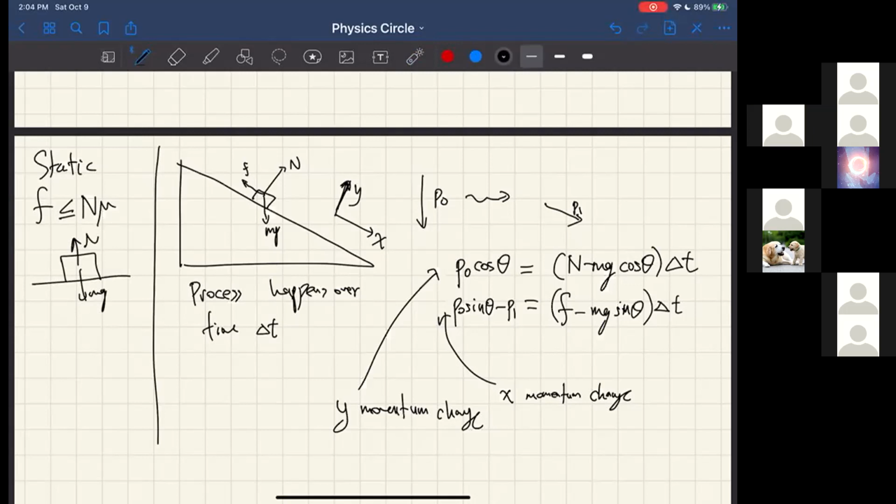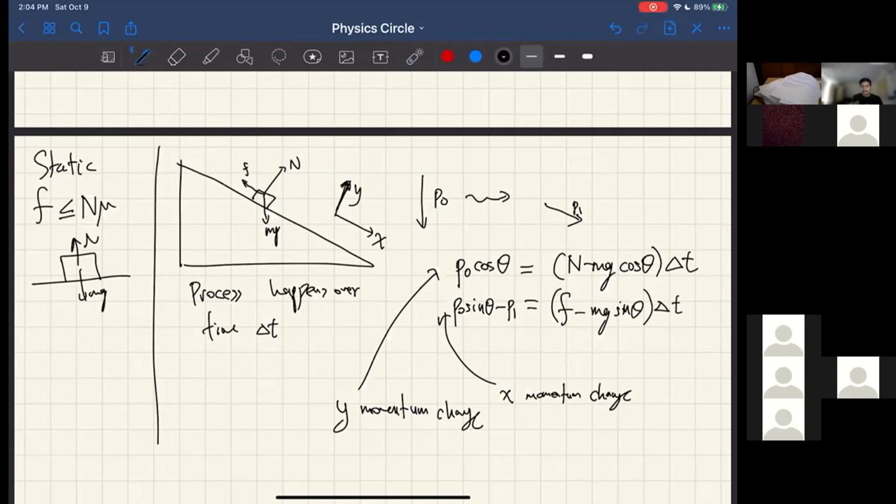So how is that possible? The reason is that in static friction, all you know is that F is less than or equal to n mu. But in kinetic friction, you know F is always equal to n mu. That's the big difference.